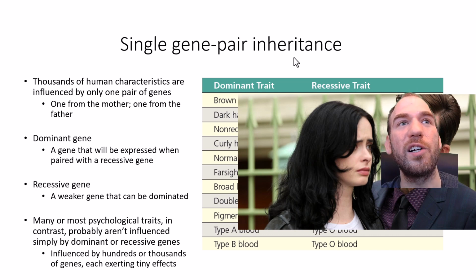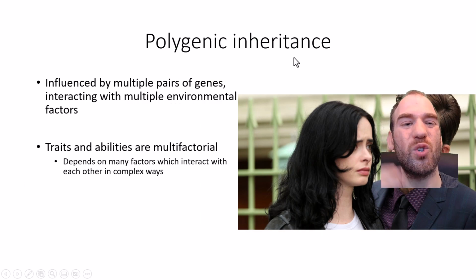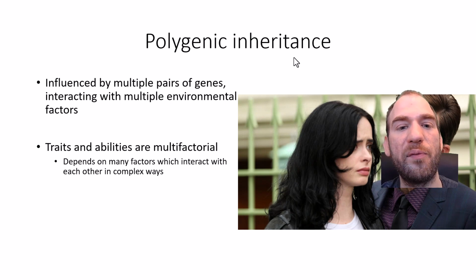I actually had a colleague of mine who looked at some early childhood developmental outcomes, using a network approach of genes working together with the environment to influence outcomes. Polygenetic inheritance is defined as any trait or outcome influenced by multiple pairs of genes interacting with multiple environmental factors. Traits and abilities are multifactorial.